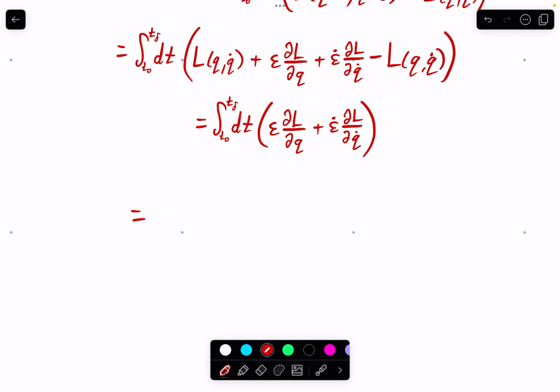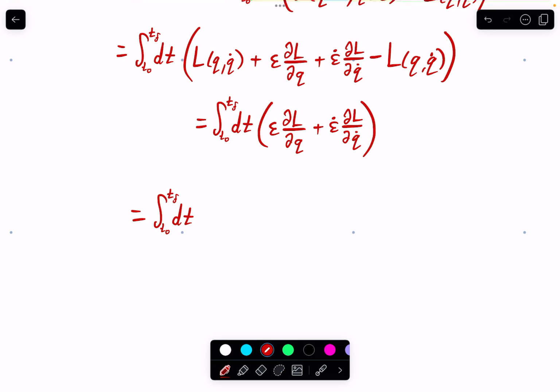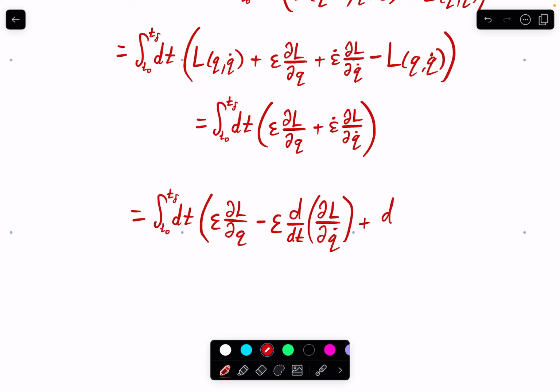So this actually ends up being equal to epsilon ∂L/∂q, then we can put minus epsilon d/dt ∂L/∂q̇ plus d/dt of epsilon ∂L/∂q̇.